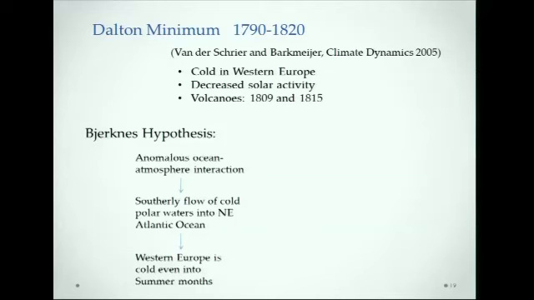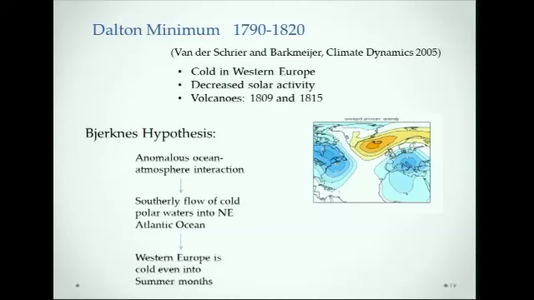I think the idea here is that whatever the overall primary effect is, it can't explain regional differences anyway, and that Western Europe was colder than it should have been, even given these other effects. So the question was whether this anomalous ocean-atmosphere interaction could explain what was going on in Western Europe.